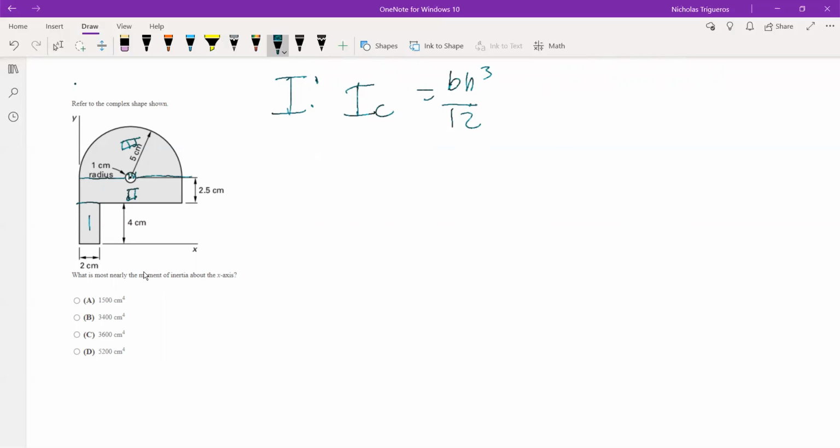Oh, I did 12. Never mind, sorry. That's probably why it was so large. Okay, let me redo that. That's 2 times 4 cubed, right? Yeah, which is 128 divided by 12, which is 10.67. Yeah. Cool.